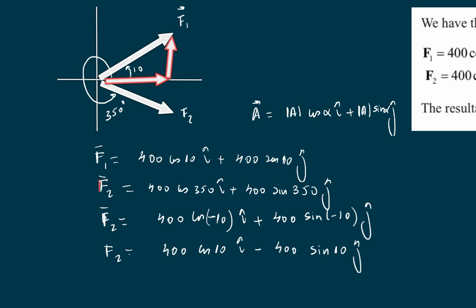So now I have to make the sum of this plus this. If I do it geometrically, this is F1, this is F2, so the sum F1 plus F2 will be this one.